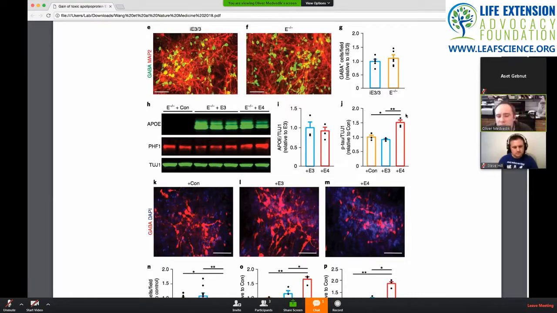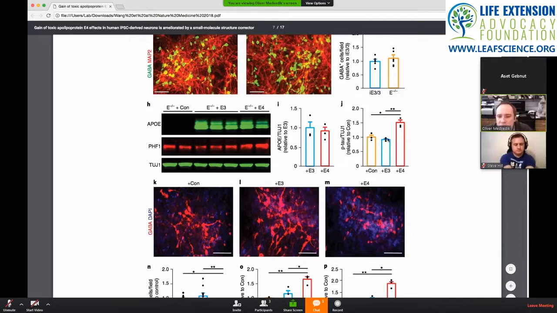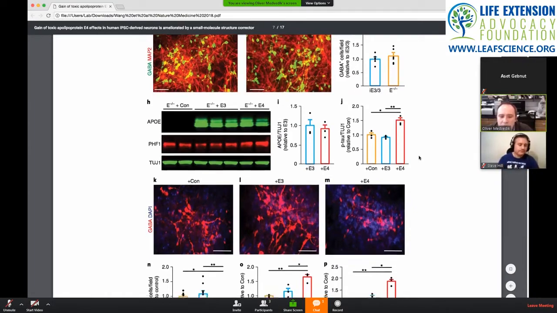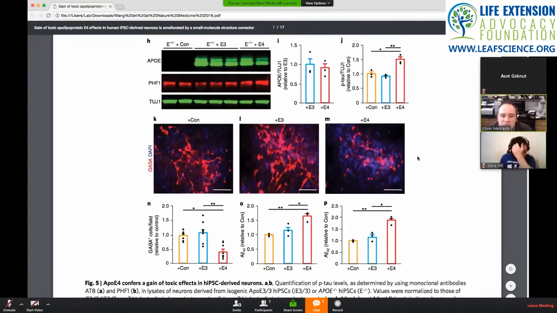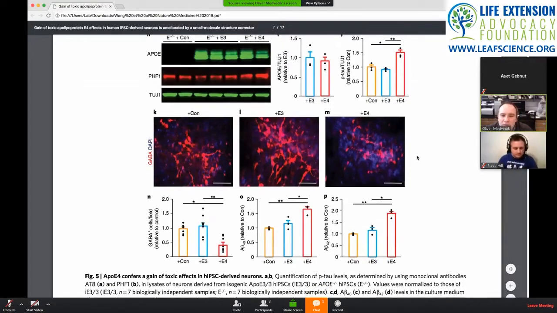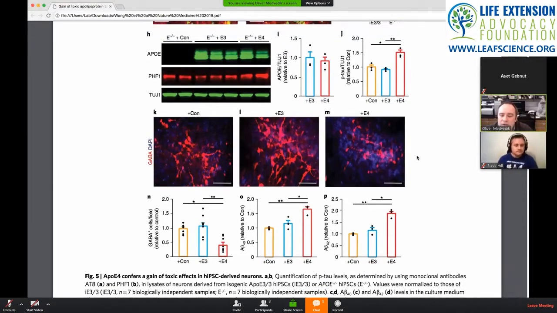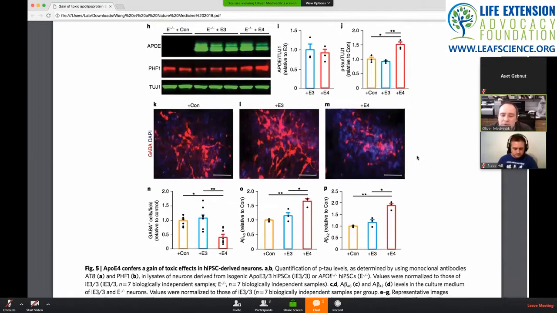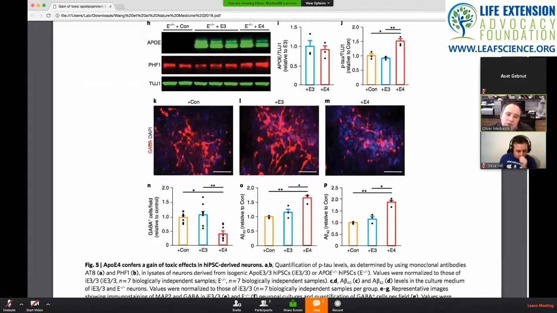I think it goes up as much as what they showed before, but it does go significantly up, right? So at least for the phosphorylation status, that is observed. And then they look at, in the field of view, GABAergic neurons.